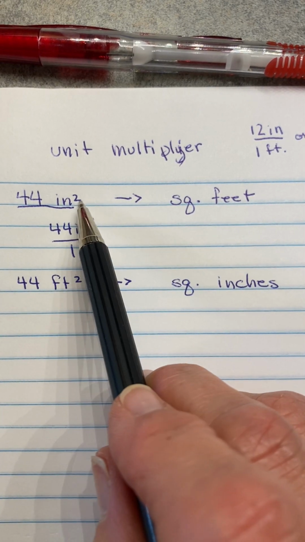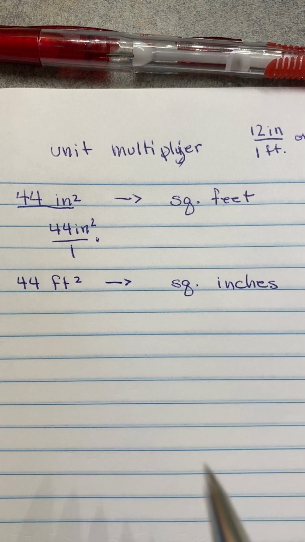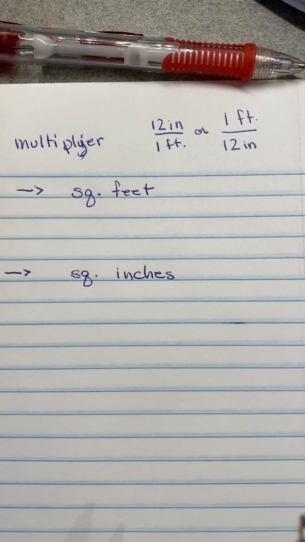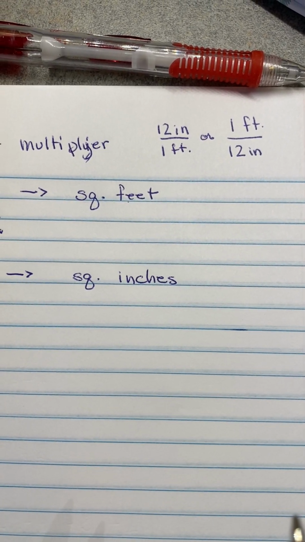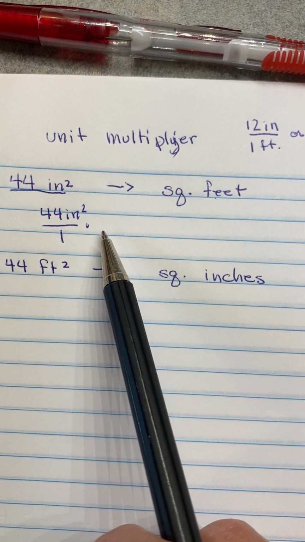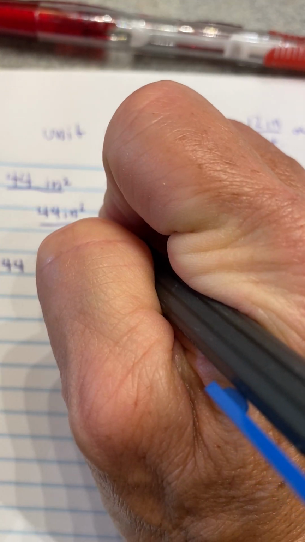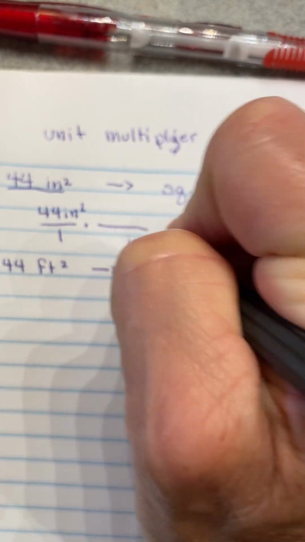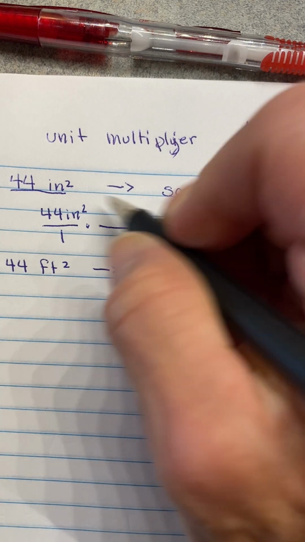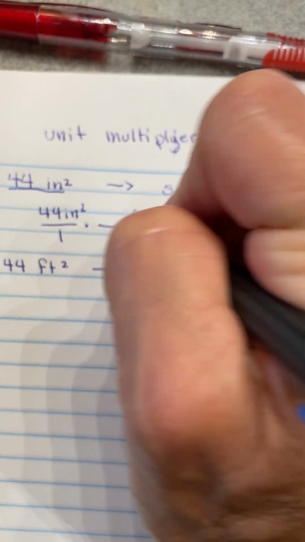We want to get rid of inches and we want to get feet. So looking over here at the unit multipliers, we want to get rid of the inches. Do you see how the inches are in the top? So in order to get rid of them, the inches have to be in the bottom here. And since it's squared, we need to do it twice. So we're going to do feet.